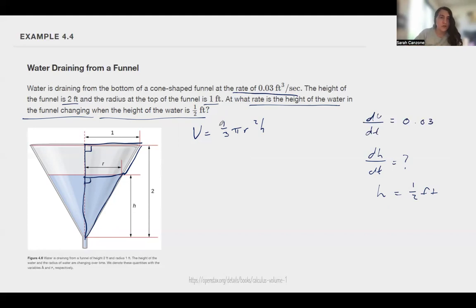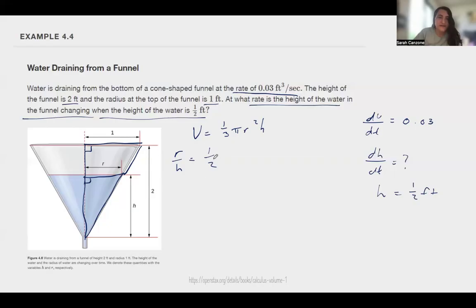So what do we know? Well, if we are looking at the proportion of the radius over the height, I just chose this at random. You could do height over radius if you wanted to. Well, I know that what they give us for the big triangle here is the radius is 1 and the height is 2. All right, here's 1 foot, here's 2 feet.